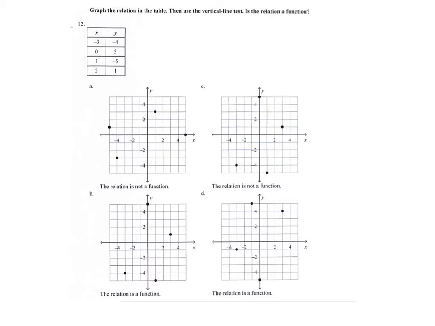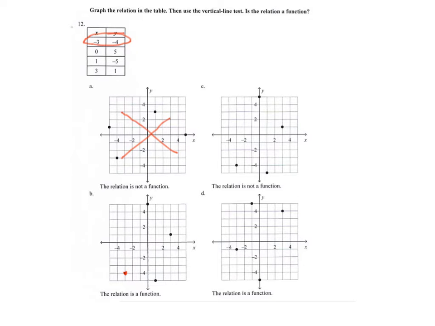Number 12, graph the relation on the table, then do the vertical line test. So let's see. We have negative 3, negative 4, so that's 3 to the left, down 4. I don't see a point here, so that doesn't work. I'm going to go to B, 3 to the left, down 4, that works.